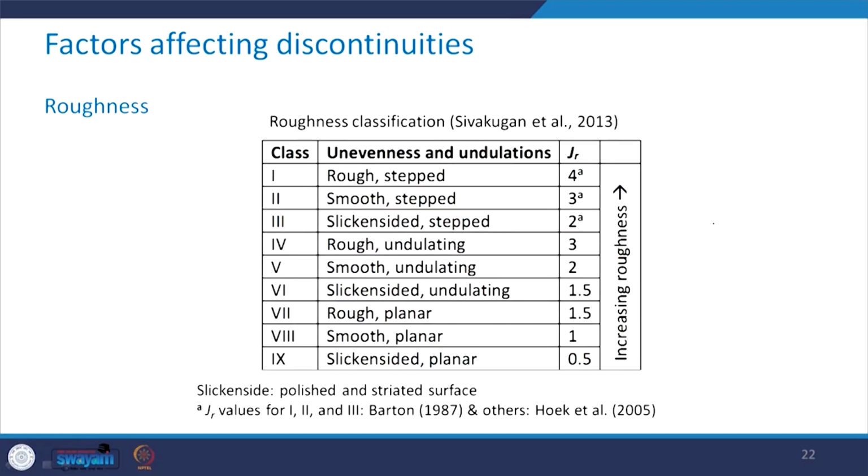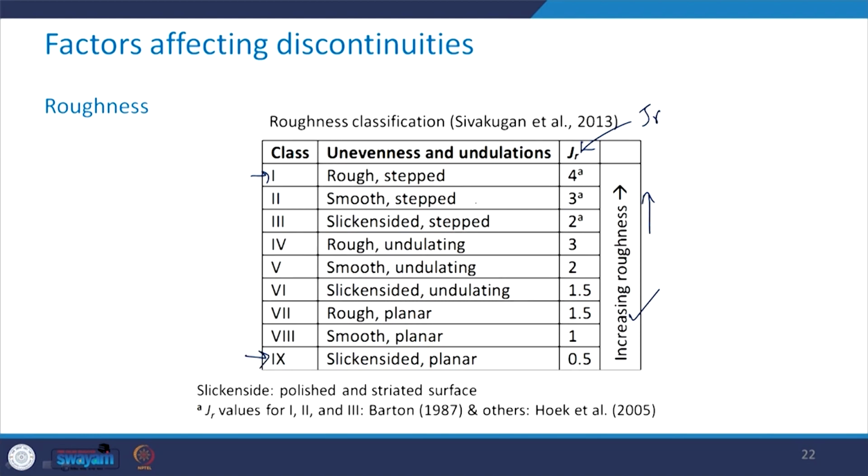Have a look here. Roughness is represented as JR. In this direction, the roughness increases. So you have 9 classes, 1 to 9, and then you have all the combinations.